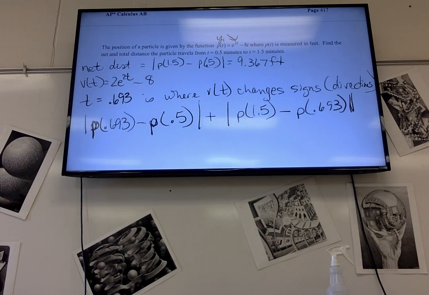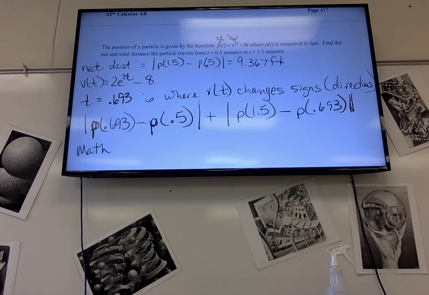Now, your calculator has the ability to actually put in absolute value symbols. It is under the math button. Just hit math and cursor over to where it says NUM. It's the first one, where it says abs, and it'll actually put those bars there. Is it Y2 or Y1?